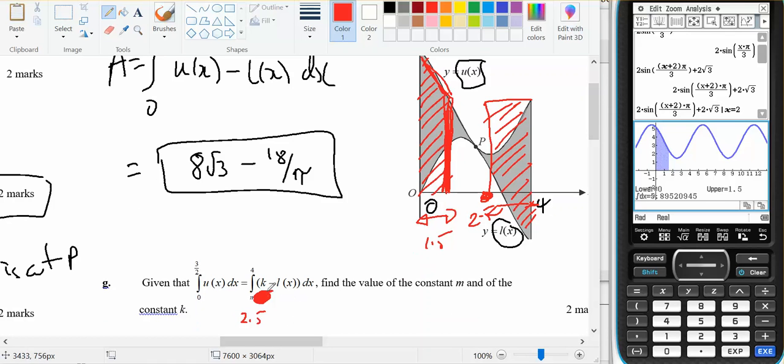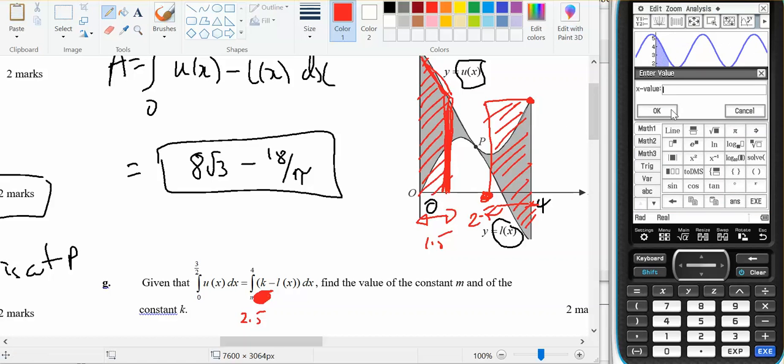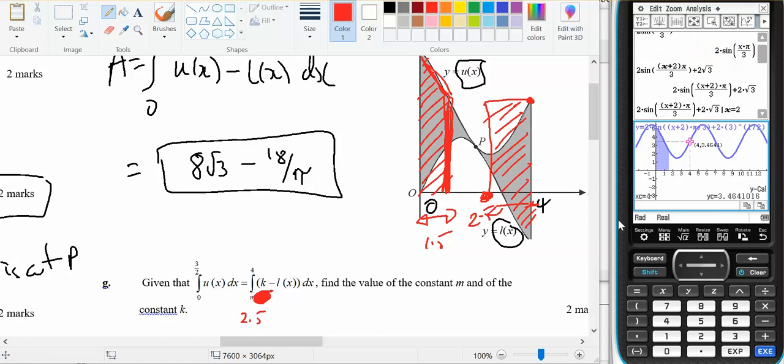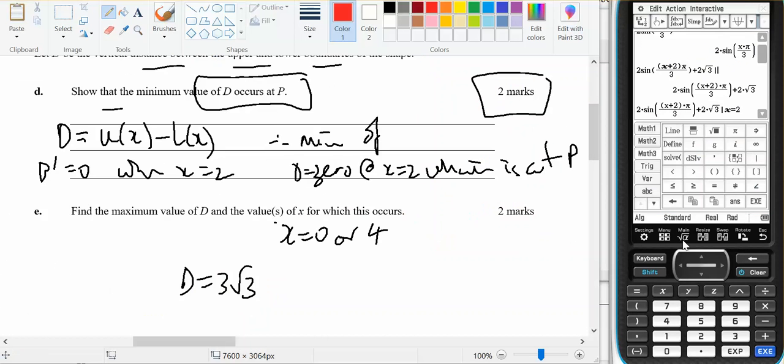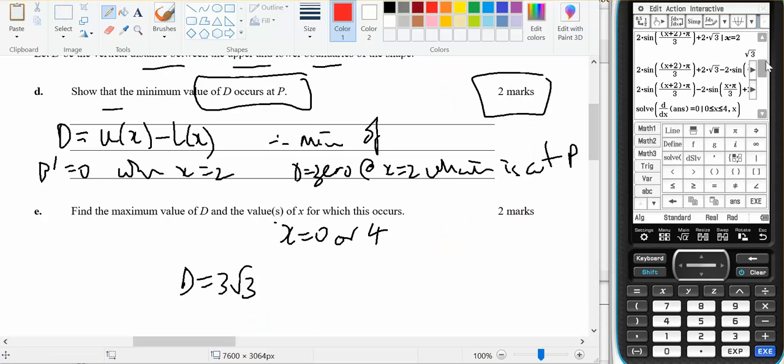And what's the value of K? K is going to be the height that this ends at. So if I do analysis, G-solve, ycalc at x equals 4, 3.46.